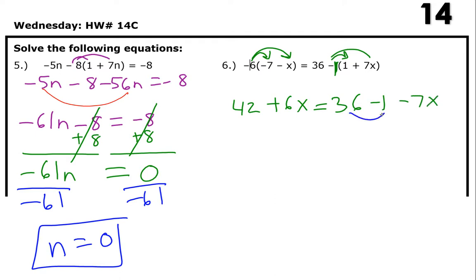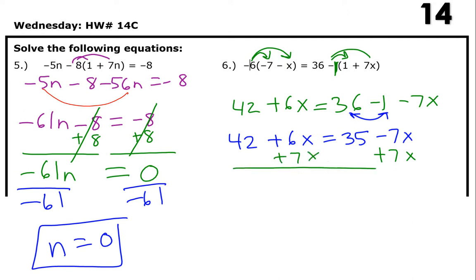This side has two constants, so I'm going to combine these two items here. I'm going to leave everybody alone on this side. 36 minus 1 is 35. And now I'm going to add 7x to both sides, and I'm going to line it up with its like term. And that gives me 13x.